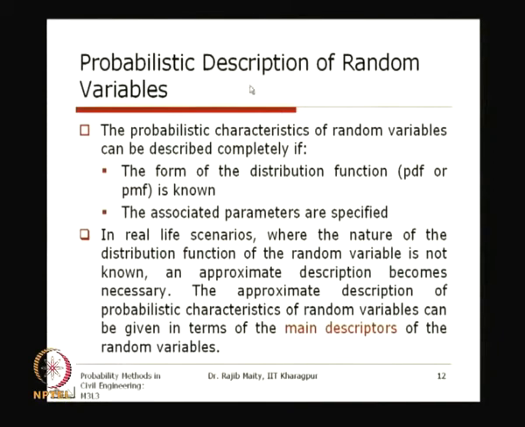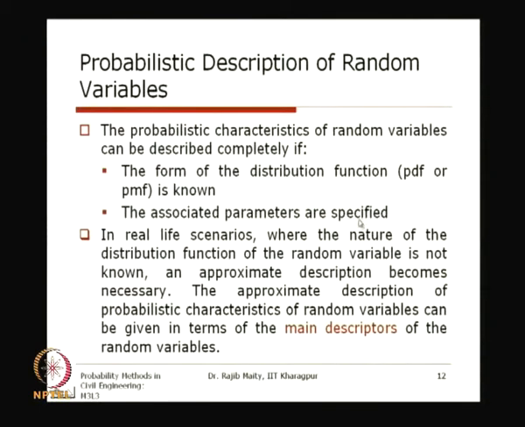So, probabilistic description of a random variable: if we take some random observations, some random sample data, then we can see that the probabilistic characteristics of a random variable can be described completely if the form of the distribution function, PDF or PMF, is known, and the associated parameters are specified.